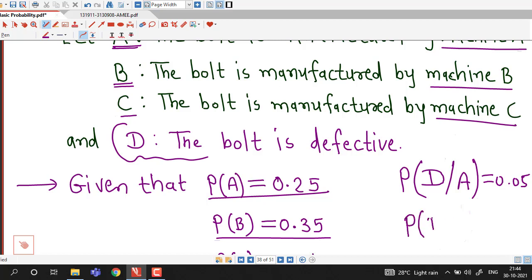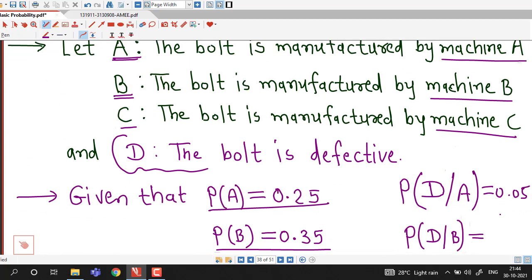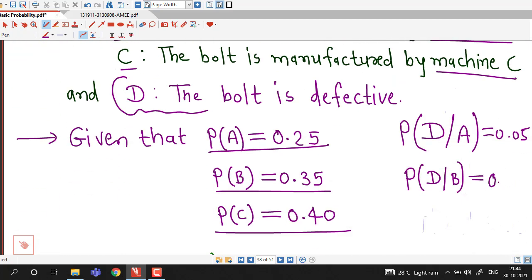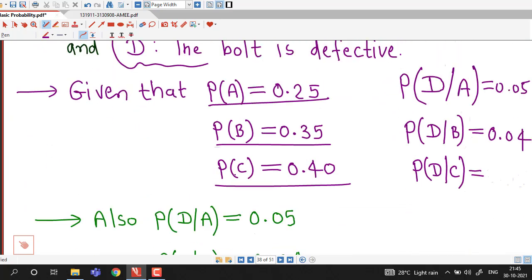Similarly, the probability that the bolt is defective given that it is manufactured by machine B is 4%, that is 0.04. Similarly, the probability of a defective bolt by machine C is 2%, that is 0.02.